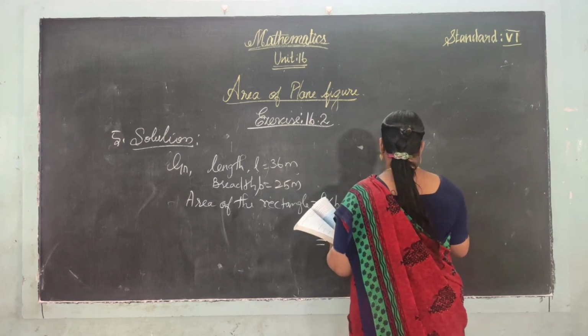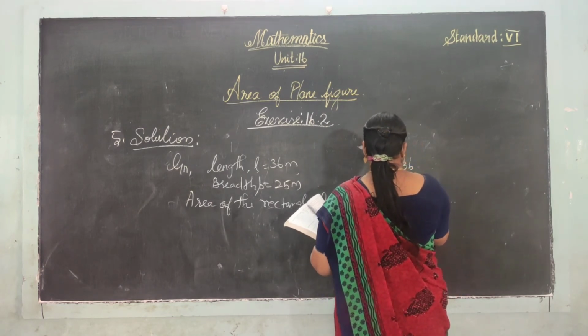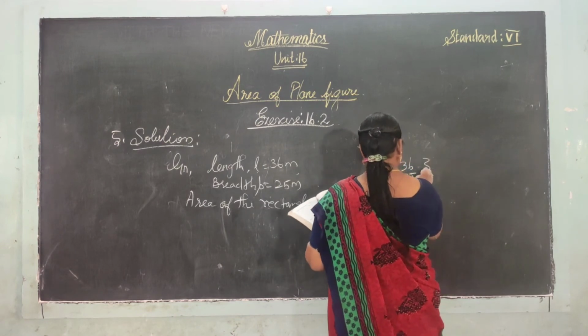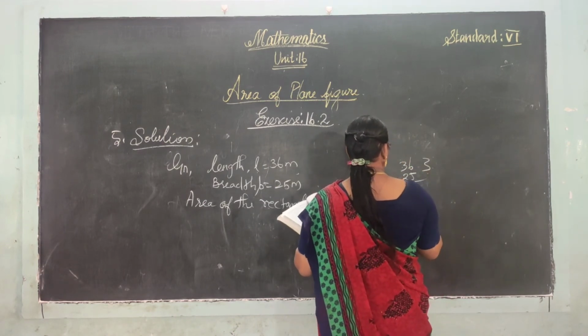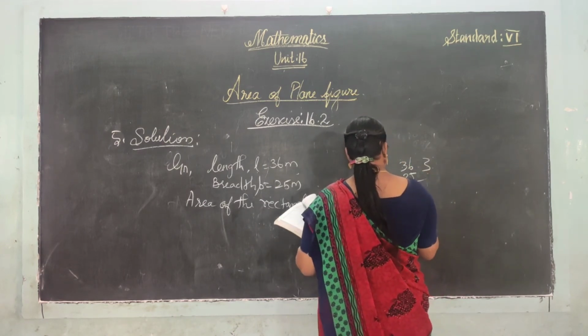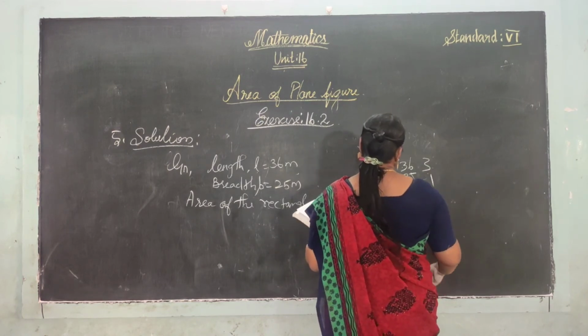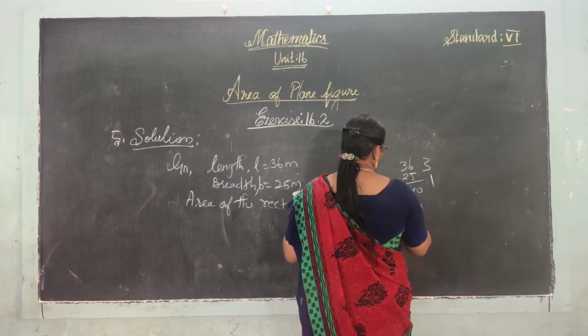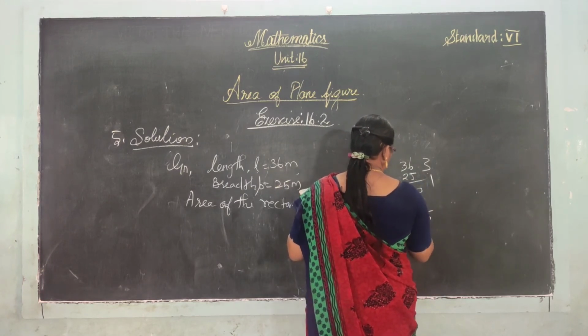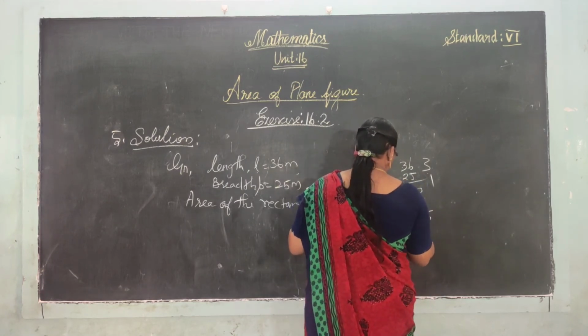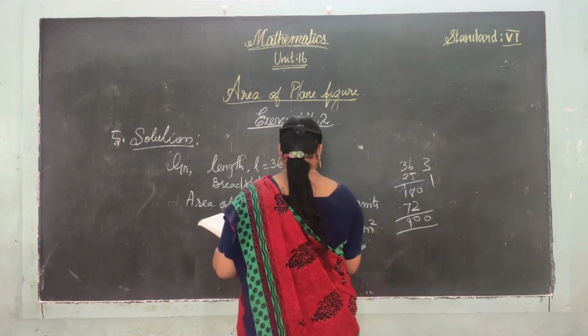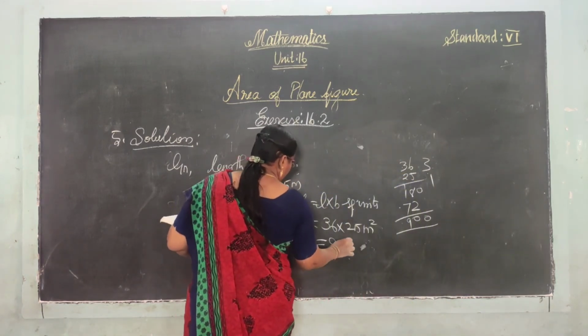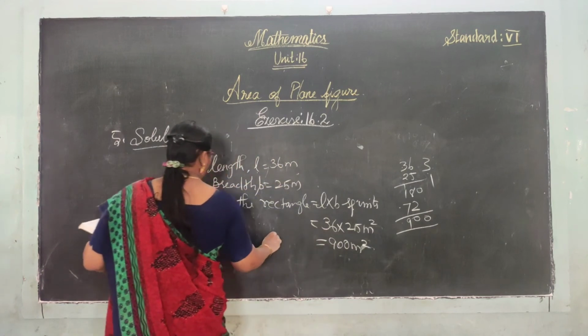So 5 6s are 30, 5 3s are 15, 18, 12, 1, 2 3s are 6, 6 plus 1, 7. Okay. So area of the rectangle.